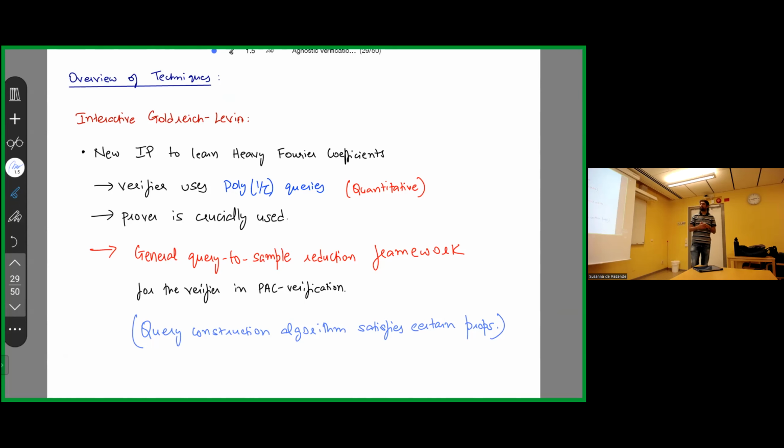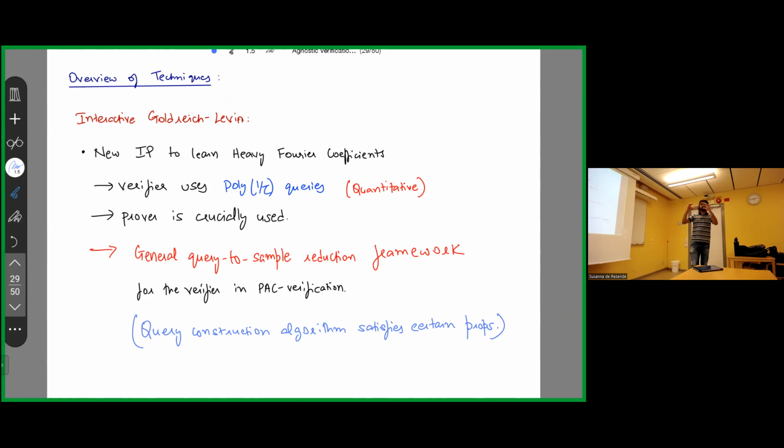And next, we introduce this new general query to sample reduction framework, the setting of PAC verification, where if you have a PAC verifier where the verifier uses queries, then you can use the prover to somehow answer these queries beforehand and just do the same thing using random examples itself.